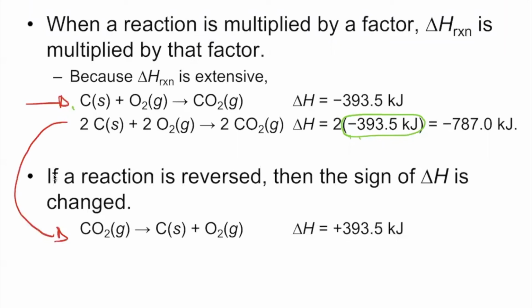So if you flip the reaction, you're going to have to change the sign of your enthalpy. By flipping the reaction, you are changing the sign of your enthalpy. So once again, whatever you do to the reaction, you're going to have to do to your enthalpy too.